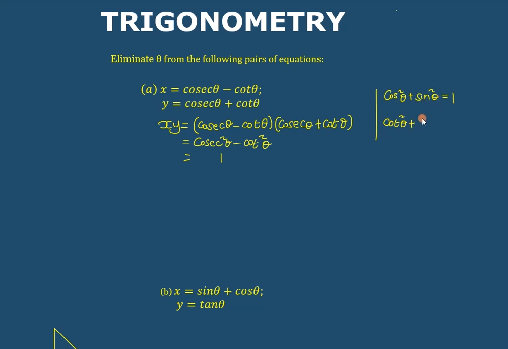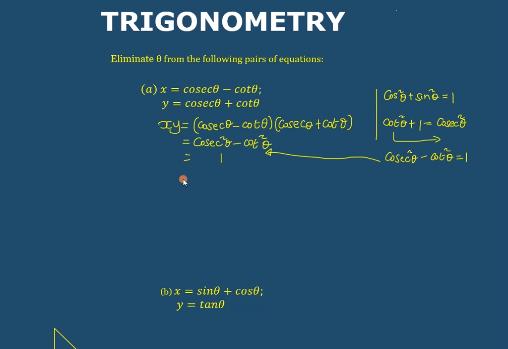Sine squared theta divided by sine squared theta, I get 1. 1 divided by sine squared theta, I get cosec squared theta. So if I take cot squared theta to that side and we turn the equation around, we shall have cosec squared theta minus cot squared theta equal to 1.